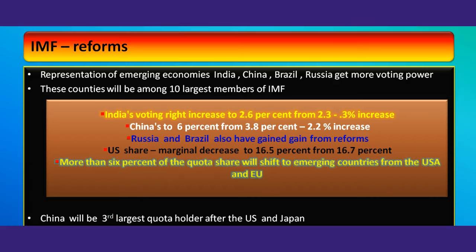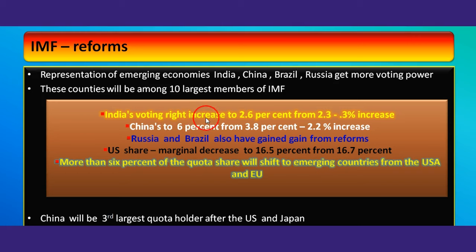International Monetary Fund reforms. Highlights of the 2010 International Monetary Fund reform. Higher representation of emerging economies like India, China, Brazil, and Russia, and they get more voting power. India, China, Brazil, and Russia will be among the 10 largest members of the IMF.